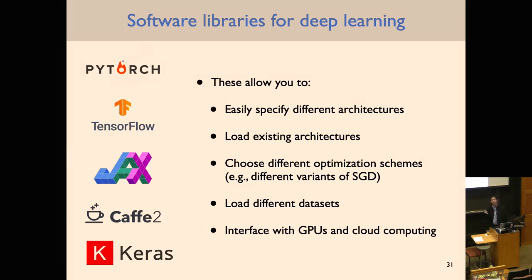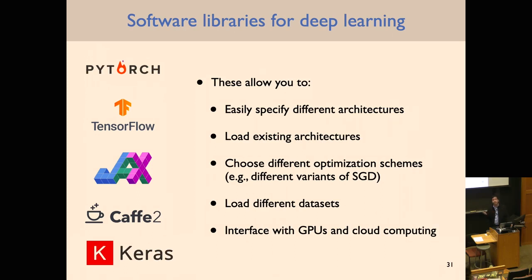You can choose different optimization schemes and different parameters within the optimization schemes, for example, the learning rate, or different variants of stochastic gradient descent. I mentioned Adam in particular. That's the most popularly used one. There's a couple of other ones that people also use.